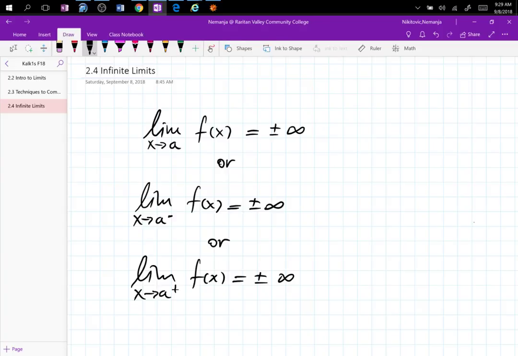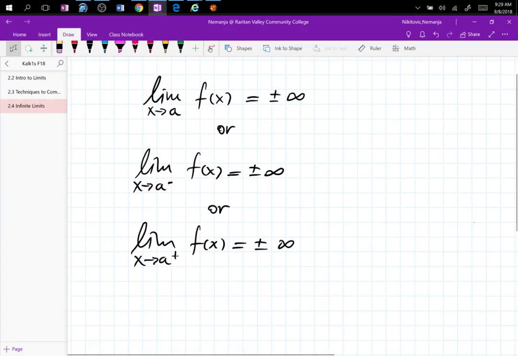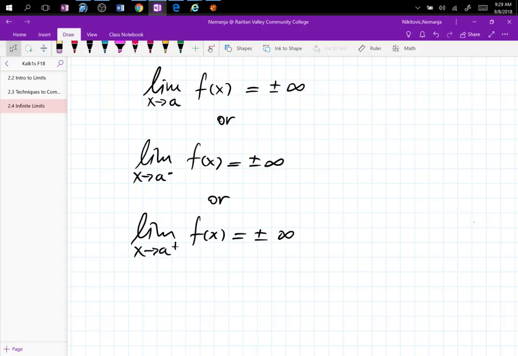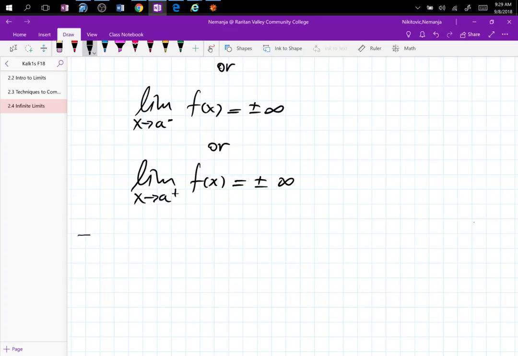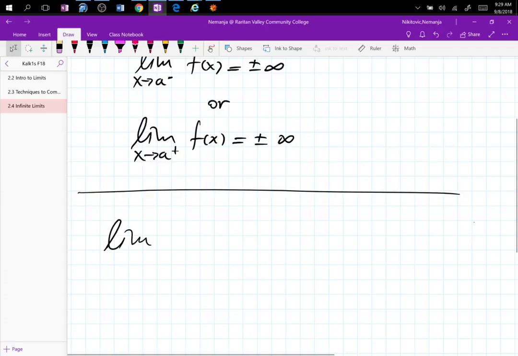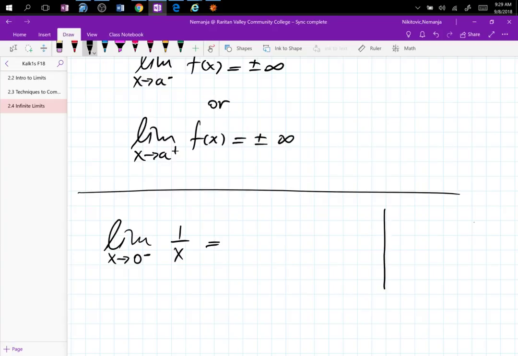So what do we do at the end? Well, if you consider, let's say, the limit of 1 over x as x goes to 0 minus, you draw the graph and you look at it.